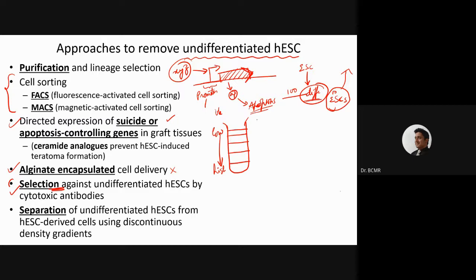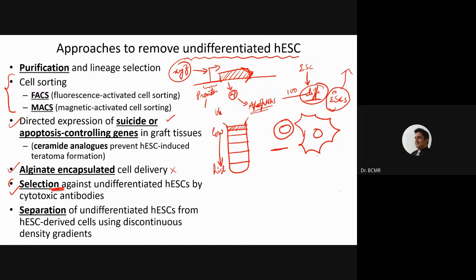If you layer a mixture of cells, I hope you also recollect that embryonic stem cells have a high nucleoplasm to cytoplasm ratio, whereas the differentiated cells have something like this, right?